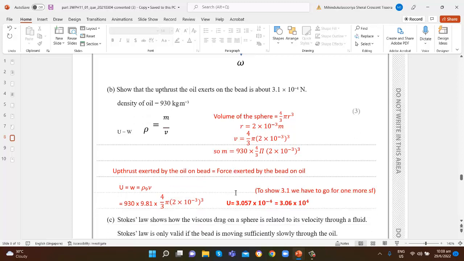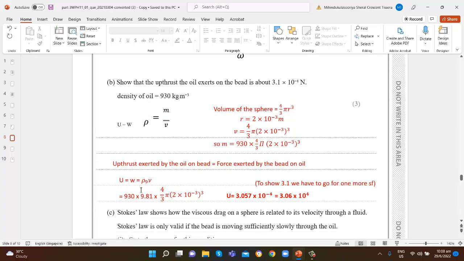Now see, you are calculating this. You are getting 3.06 times 10 to the power minus 4. To show, we have to go for one more significant figure, because we have to show 3.1.